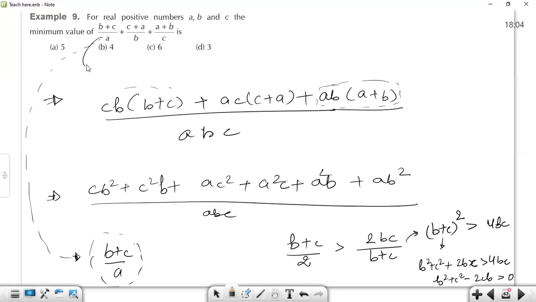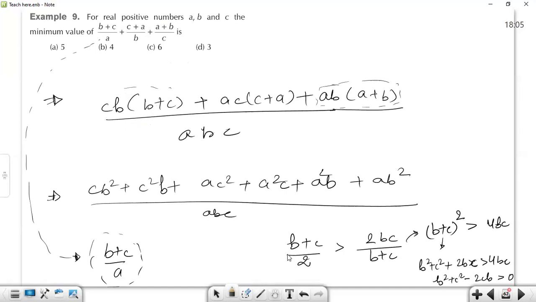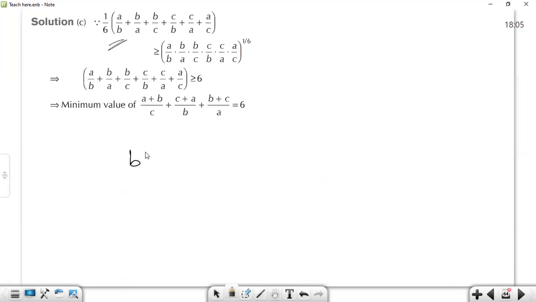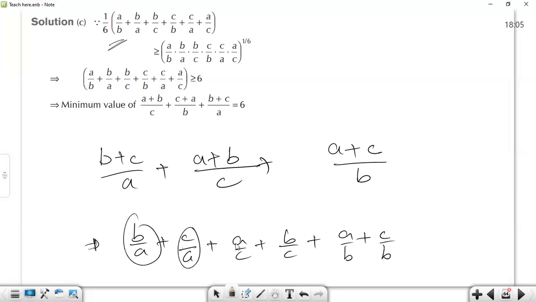What they have done is they have separated the given expression b plus c divided by a plus b divided by c plus a plus c divided by b. They have written it as b by a plus c by a plus a by c plus b by c plus a by b plus c by b. Now there are these six different terms.